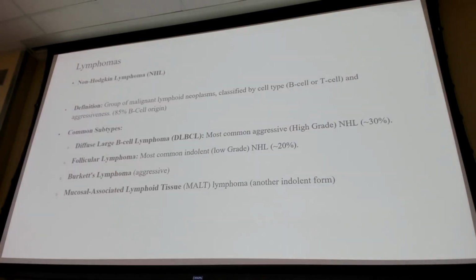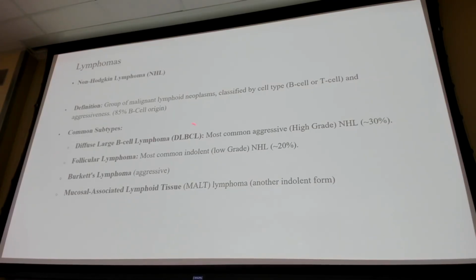All right. Definition. Non-Hodgkin's lymphoma. Malignant lymphoid neoplasms, B or T cells, can be very aggressive. 85% of the time, this is a B cell problem. So more often than not, it's the B cells that are causing the problem. Diffuse large B cell lymphoma.